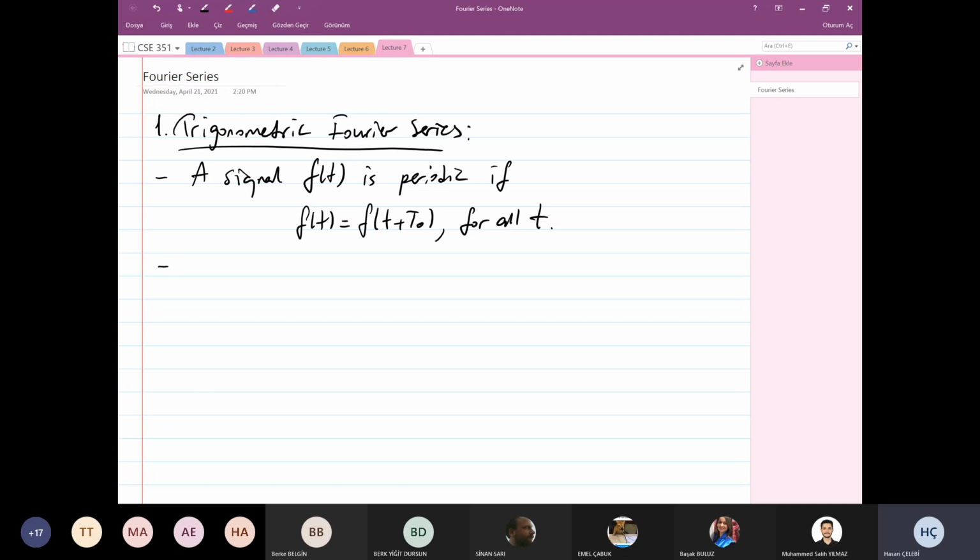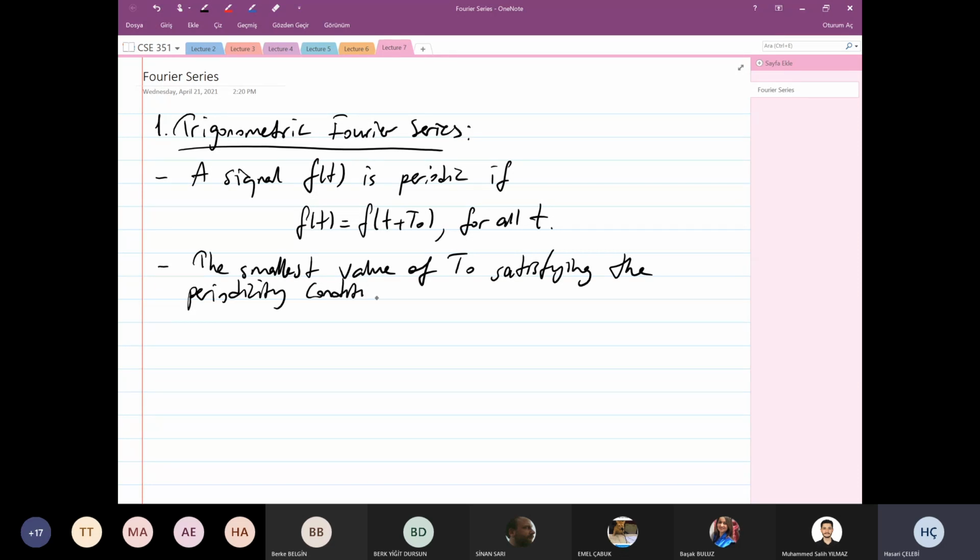So what's the T0 in this case? The smallest value of T0 that satisfies the above periodicity condition is the period of the f of t.